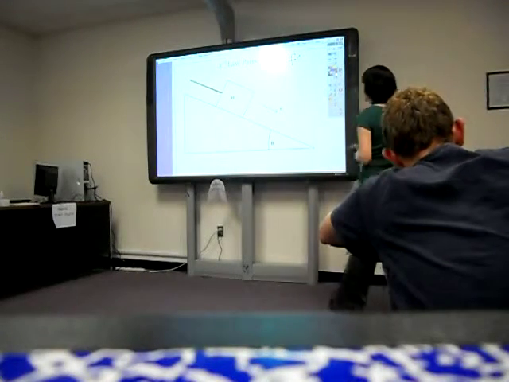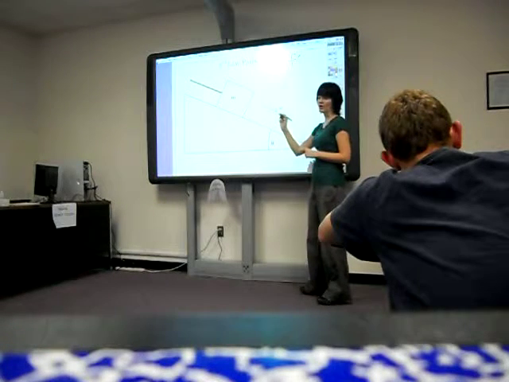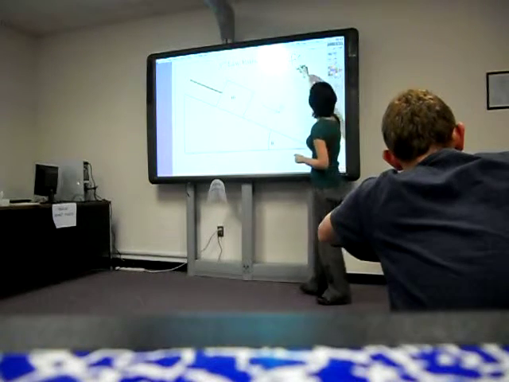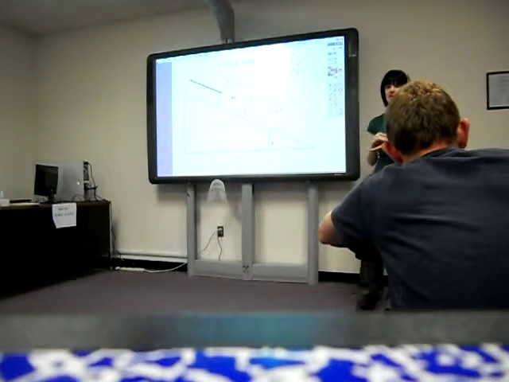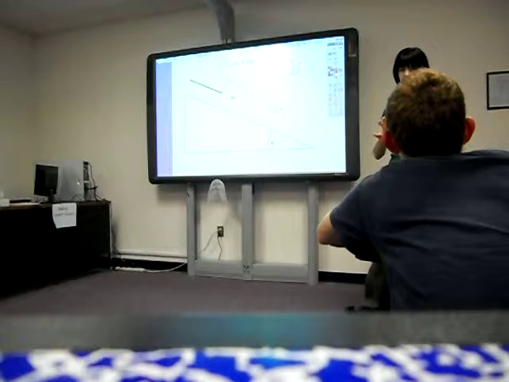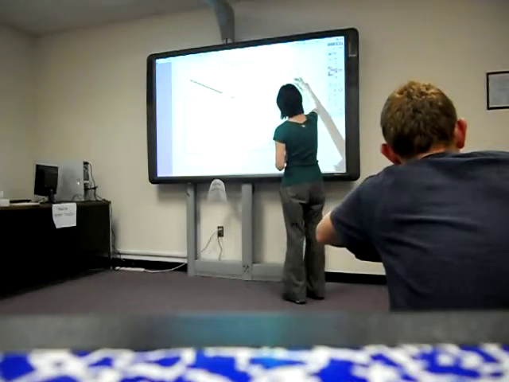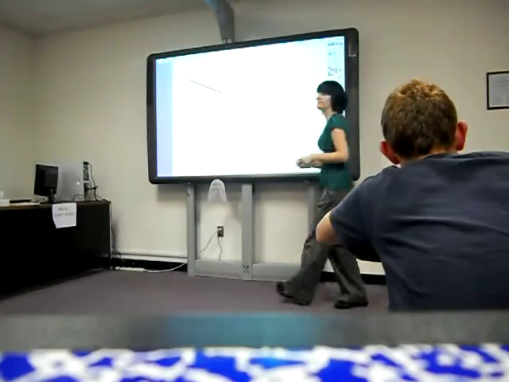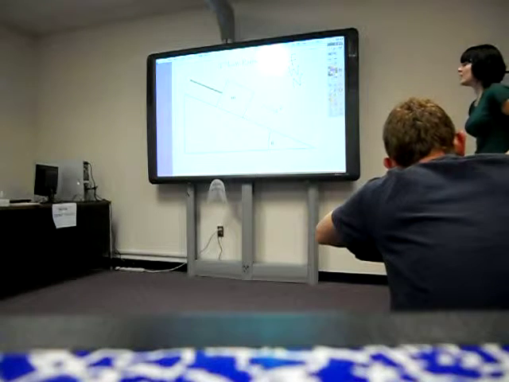And what do we call gravity's force? It was represented with a W. What is that called? Weight. Good. Which one is always perpendicular? Normal. Remember we got that from physics.